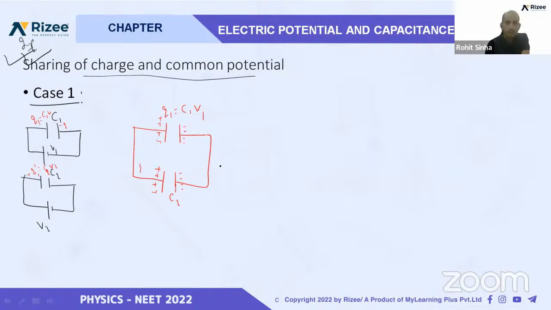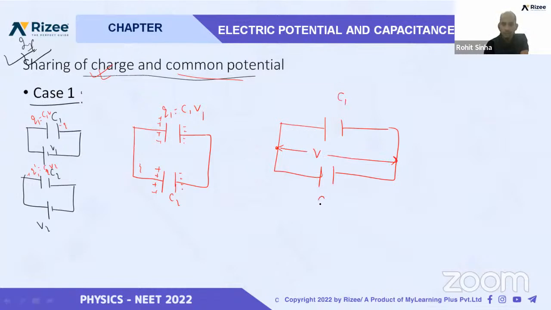After doing this, what will happen? We have to tell how the charge will share, and what the common potential attained by them will be. Since they are in parallel combination, after some time they will attain a common potential V. Capacitance is fixed, C1, C2.